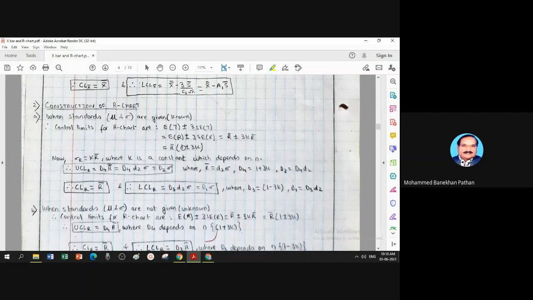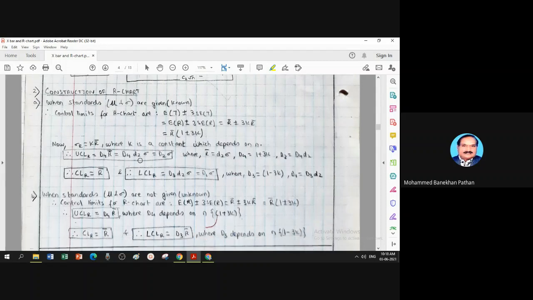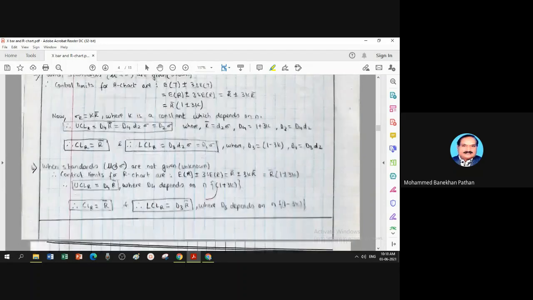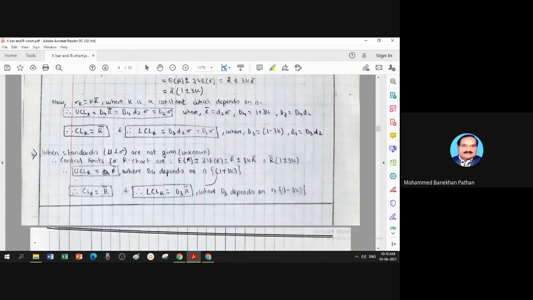So you get the corresponding limits. This we have discussed nicely in yesterday's theory class, so you can refer to it again and try to understand how these limits are developed. If they are not given, then you have such type of control limits.